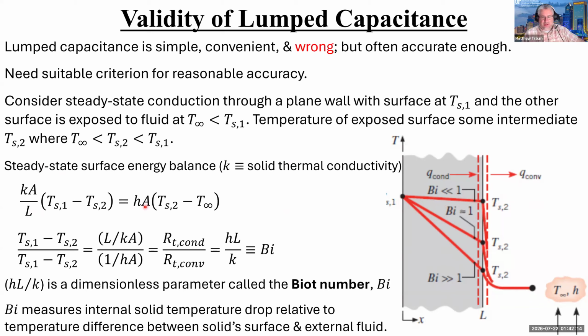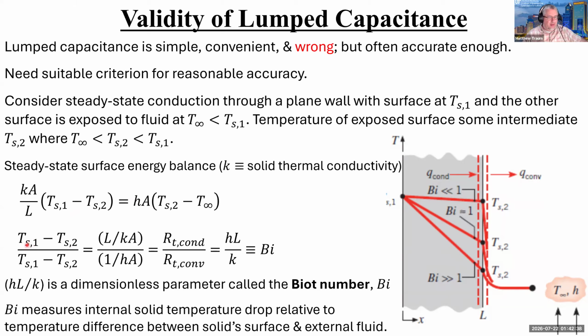That's just a first law energy balance on this infinitesimally thin slice, where Q conduction in equals Q convection out. I can now rearrange these things. This is slide 8.